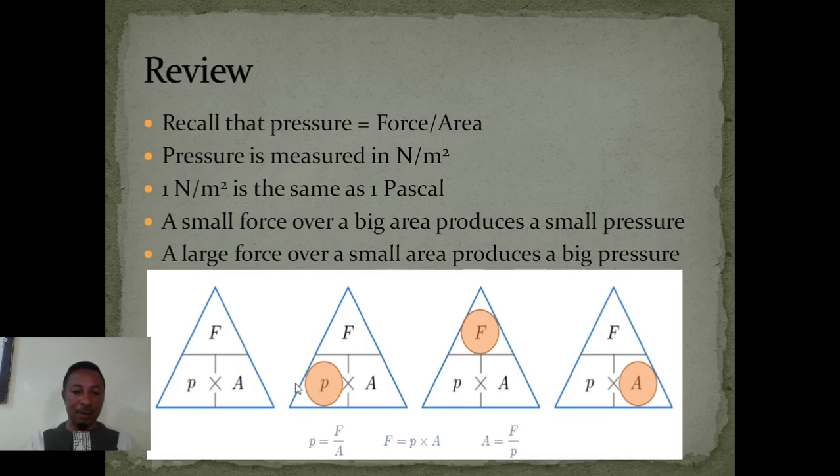For instance, if you're asked to find the pressure, all you need to do is to cover it with your thumb and divide force over area, like we have here. In case you're asked to find the force, you cover it with your thumb and multiply pressure times area, okay? And in case you're asked to calculate the area, close it with your thumb, just like it's highlighted here, and you find force over pressure, okay? So it's a very simple case. You can always use that, all right?